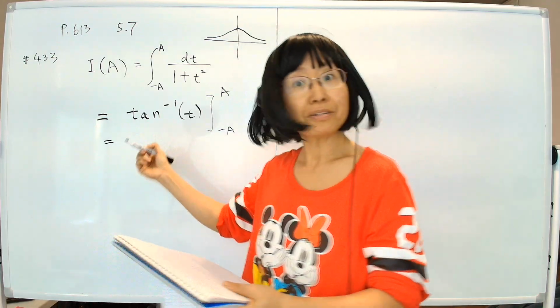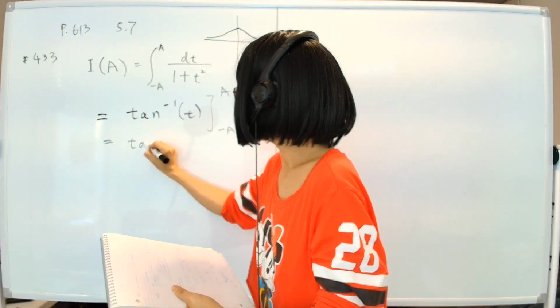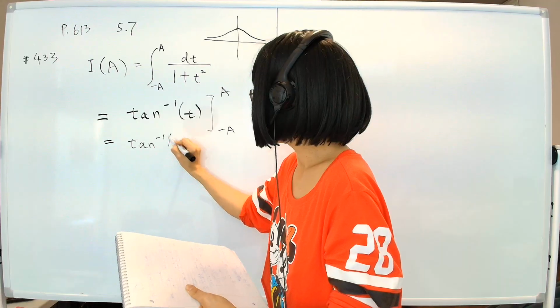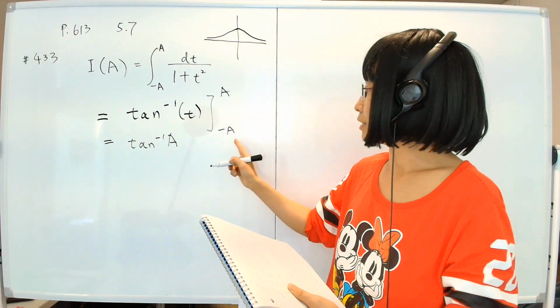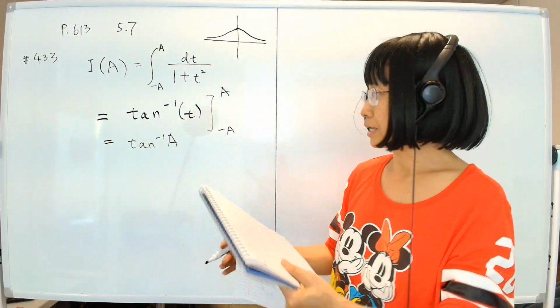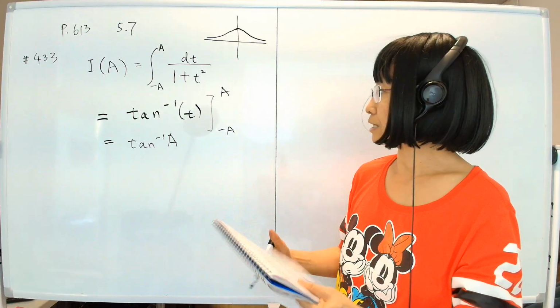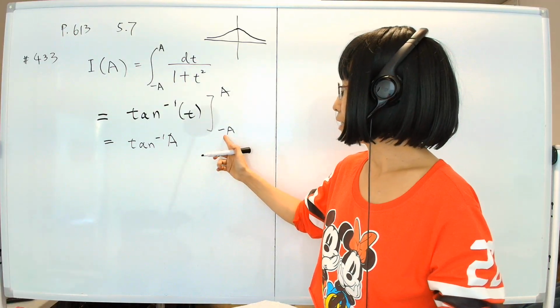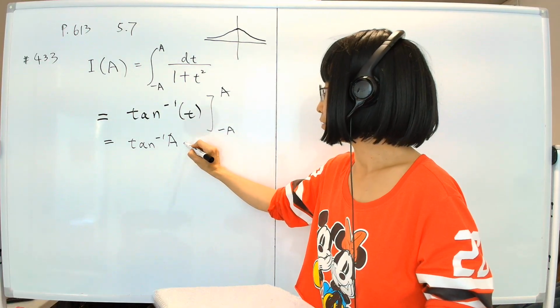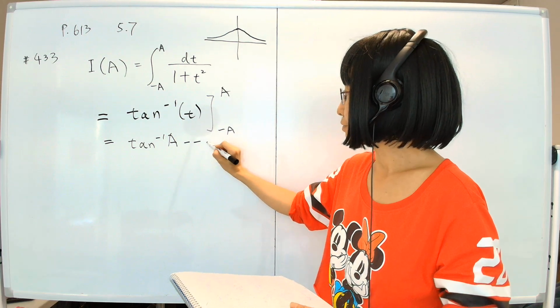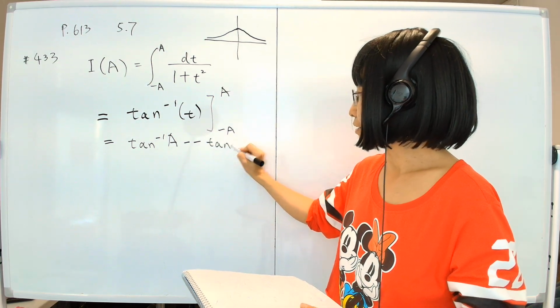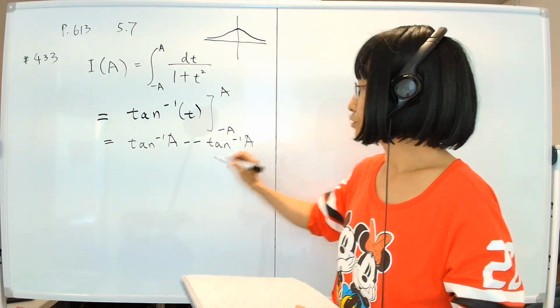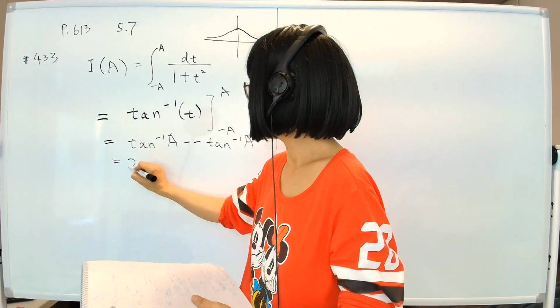We don't know what a is, so tangent inverse a is just that. And then, as I mentioned earlier, tangent inverse has the property that tangent inverse of minus a is minus tangent inverse of a. So subtract negative tangent inverse of a. So you have two of them.